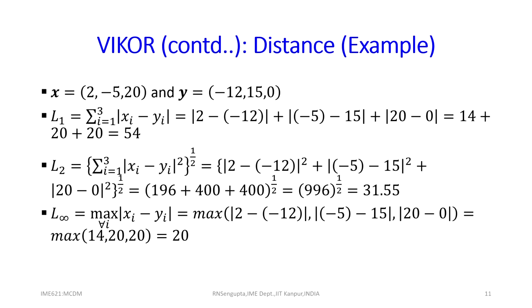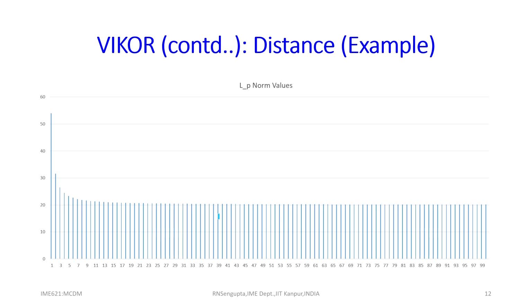When p is 1 or p is 2, you have the L2 norm. Given two points x and y, with x as 2, minus 5, 20 and y as minus 12, 15, 0, I am calculating L1 as 54, which I put a tick mark, L2 as 31.5, and L infinity as 20, and I plot it.